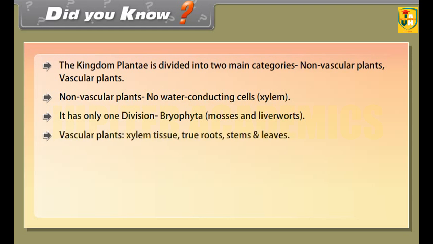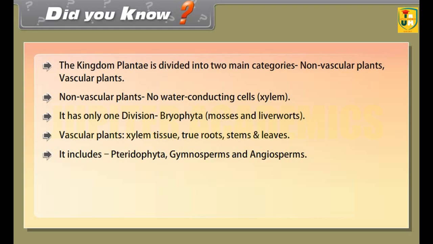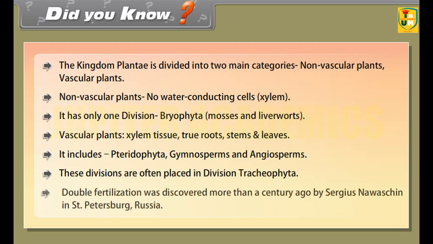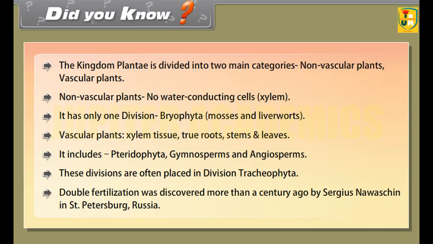Vascular plants have xylem tissue, true roots, stems and leaves. It includes Pteridophyta, Gymnosperms and Angiosperms. These divisions are often placed in division Tracheophyta. Double fertilization was discovered more than a century ago by Sergius Navaschin in St. Petersburg, Russia.